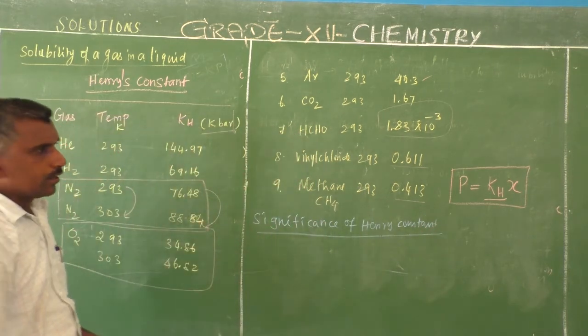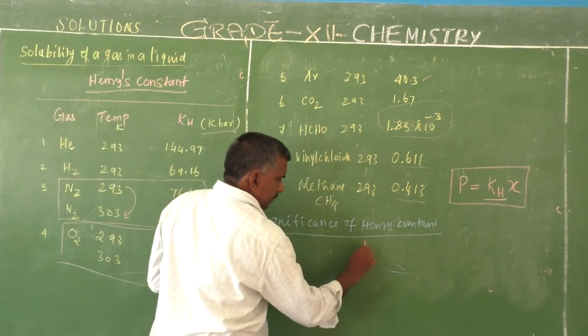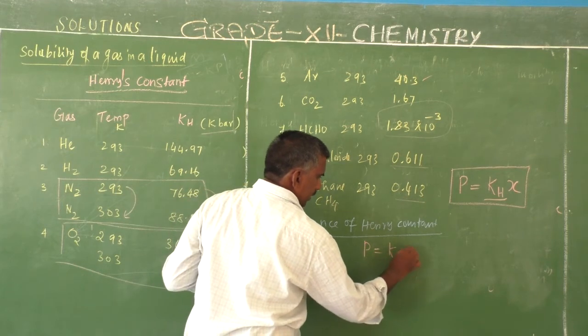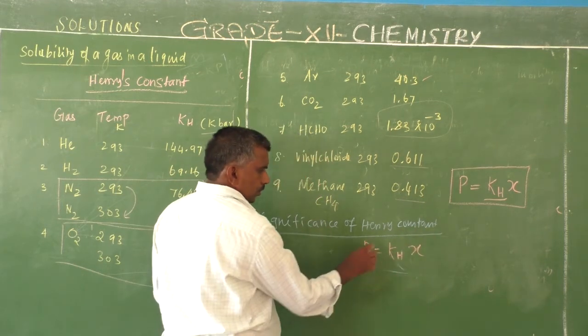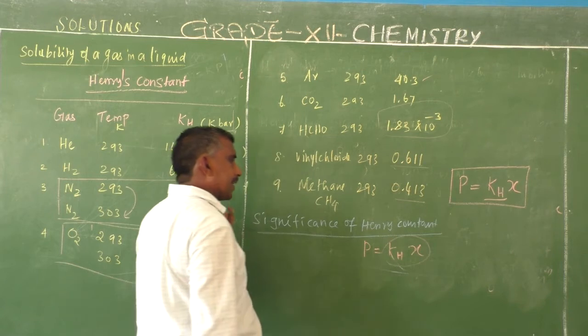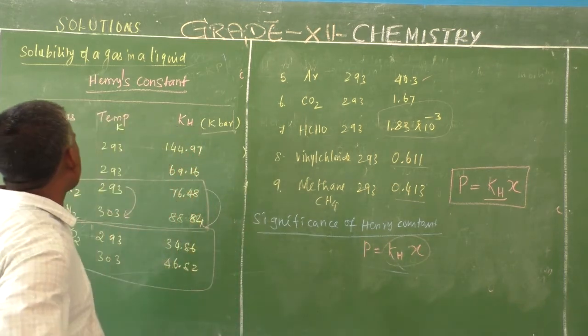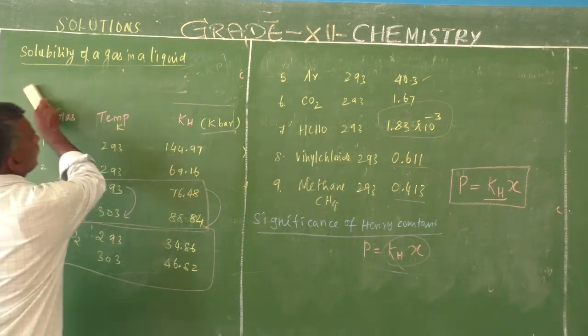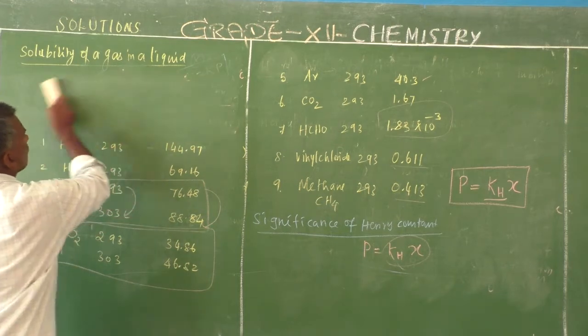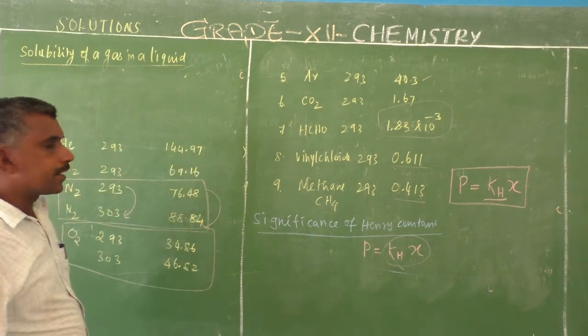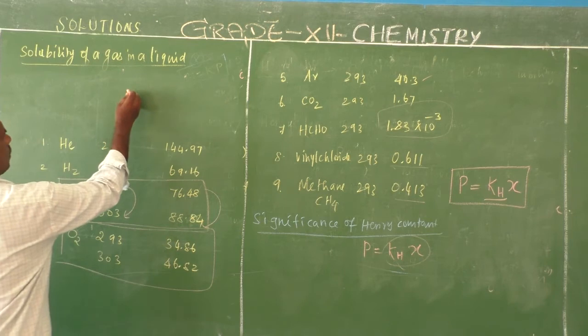Okay, now you see the partial pressure is equal to Henry constant into mole fraction. So we related the Henry constant and mole fraction.